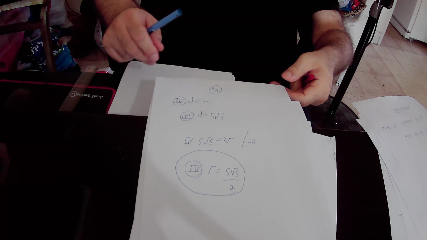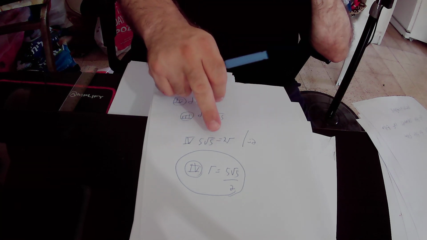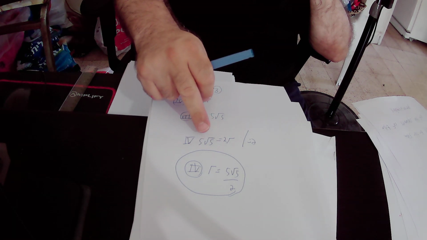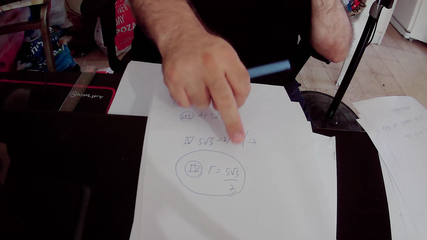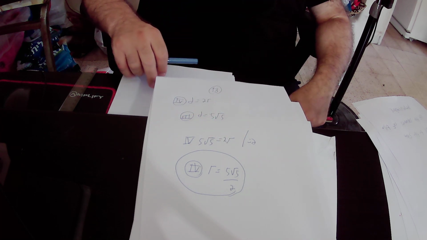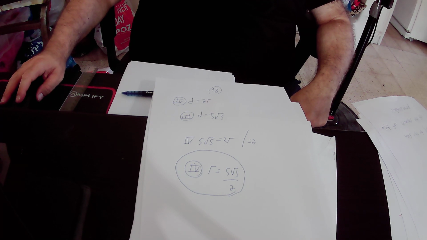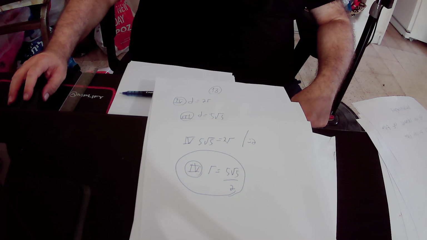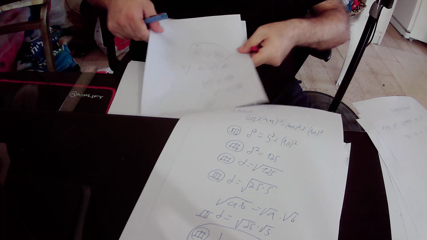So we divided equation number 4 by 2 and we got that the radius of the circle equals 5 times root 5 over 2. It is units, of course.